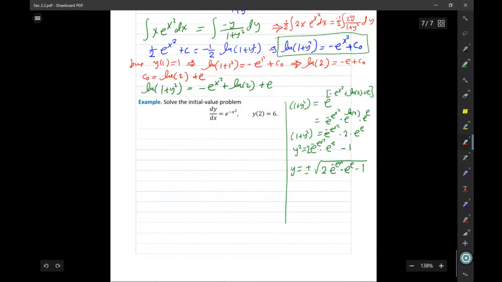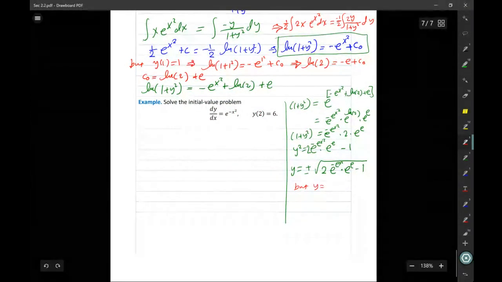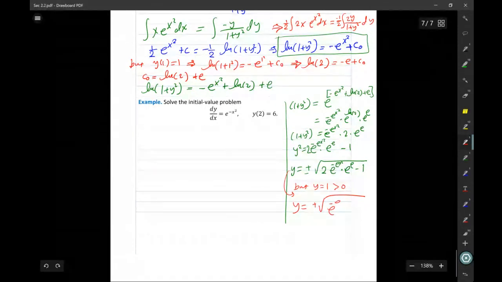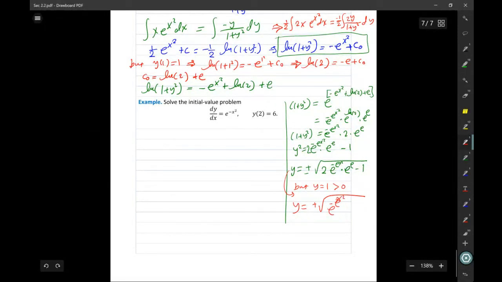So here you just take the positive value. y would be the positive square root of e to the power minus e to the power x square times 2 times e to the power e minus 1. Right or not? Is this example clear?